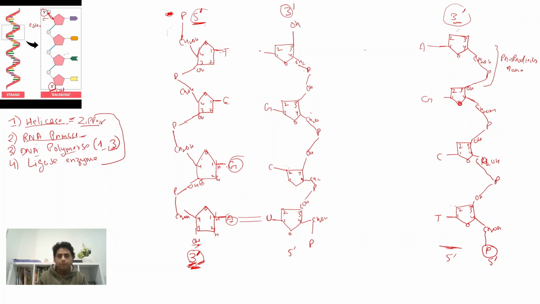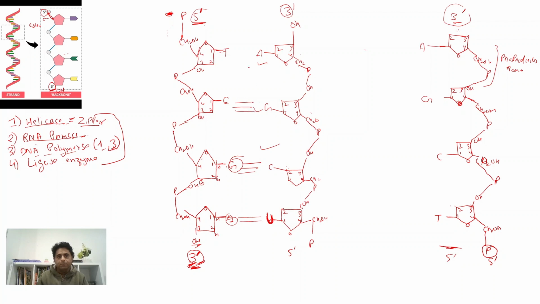with the A, because only in the start the RNA primer comes and adds up the RNA primer, which is the U. But later on the polymerase comes and builds up the rest of the strand. So this is done by the DNA polymerase, which is the third enzyme.